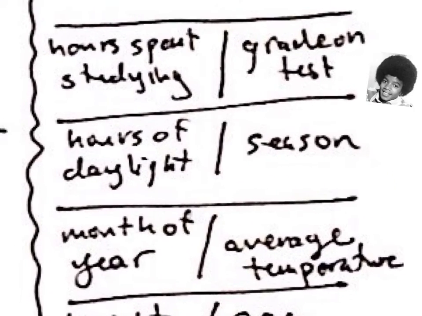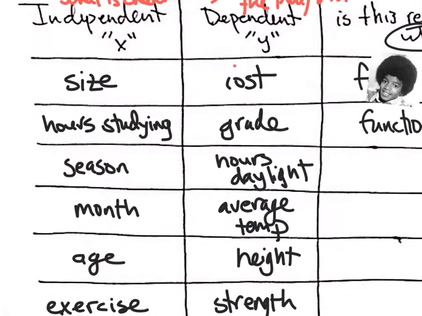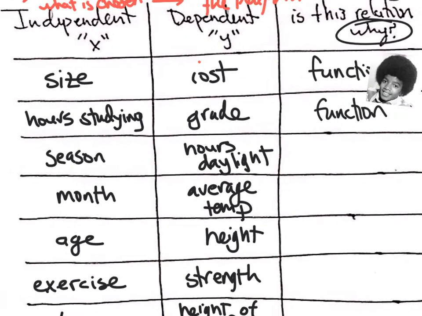Hours of daylight and season. So as we head into winter, the number of hours of daylight that we have decreases. So hours of daylight depends on what season it is. And this is also a function.